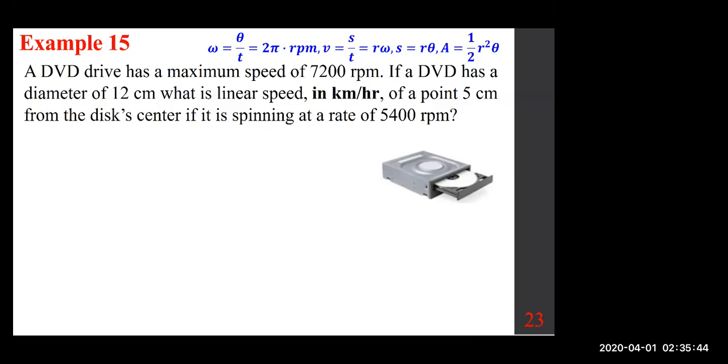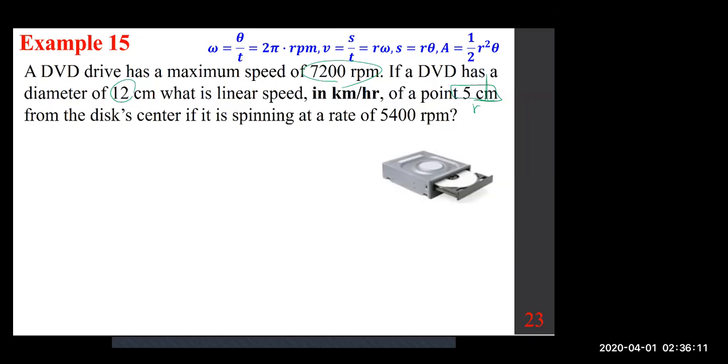And 12 centimeters also, so we have 12 and 7,200. Those are some information, but they do not enter into our calculation. Why not? Because at this point, 5 centimeters from the disk center, this is the radius we are interested in.